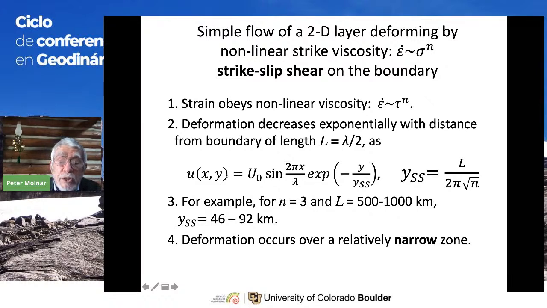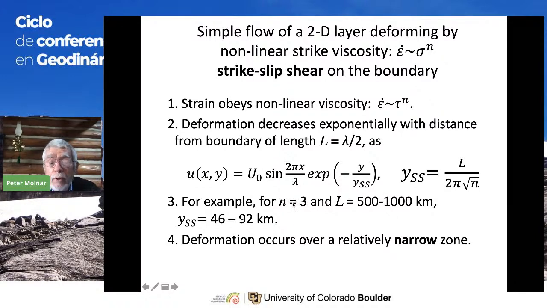And we have this equation again where U0 is the velocity on the boundary, the strike-slip component. We're letting it vary sinusoidally. It decays exponentially, and that exponential decay constant, we've now changed our definition. This is not lambda anymore. This is L. So there was a 4 down here. There's now just a 2 with the square root of n.